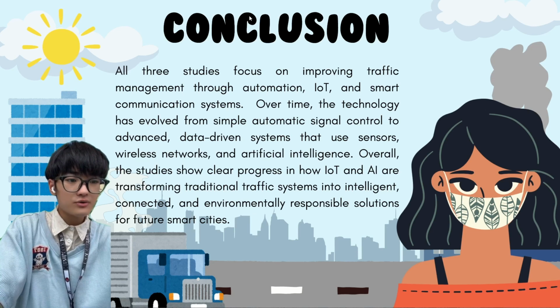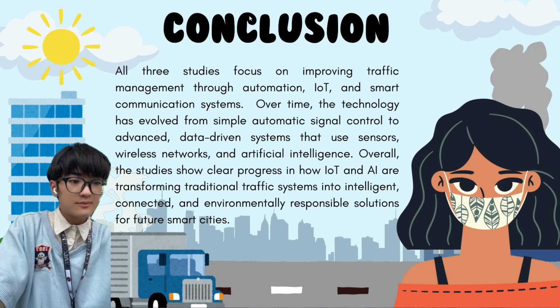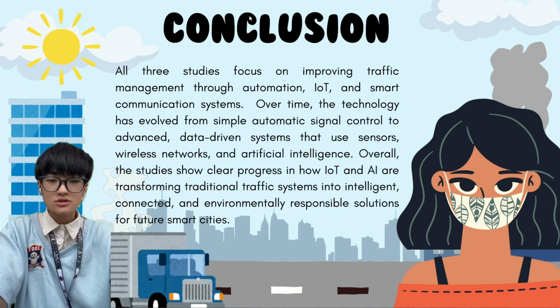Overall, the studies show clear progress in how IoT and AI are transforming traditional traffic systems into intelligent, connected, and environmentally responsible solutions for future smart cities. So that's all.